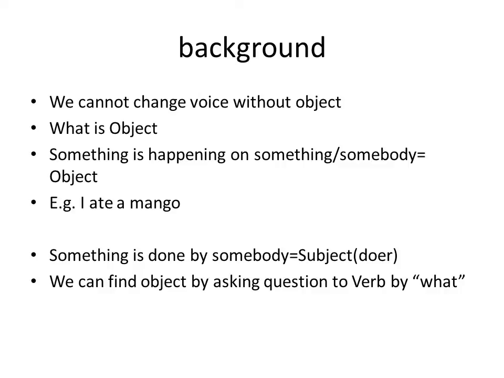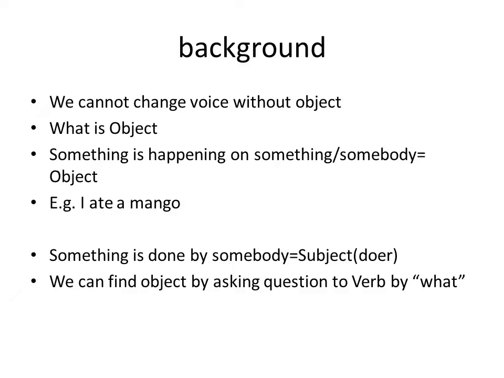Now let's see some background. As I have just told you, in a sentence of voice there must be an object. Then and only then we can transfer it from active to passive, and from passive to active.